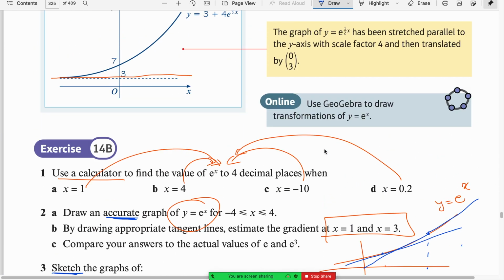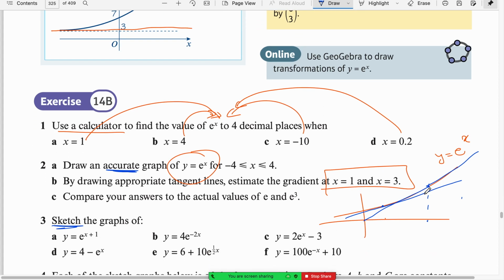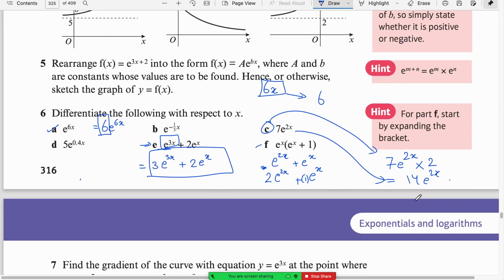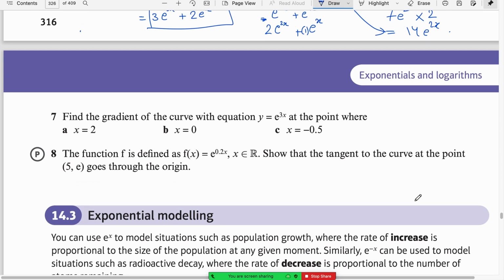Now we just drew the tangents and found the gradient. Now what is the difference between that question and this question here? Question number 7. It is given y is equal to e raised to power 3x. If I differentiate it, this is dy by dx, first as it is, multiplied with the differentiation of power.